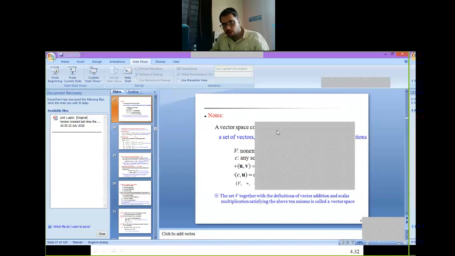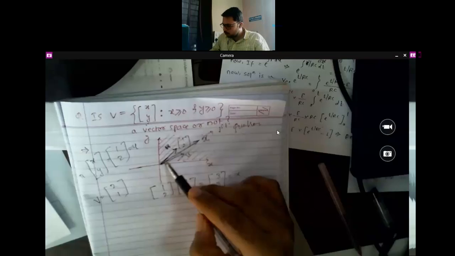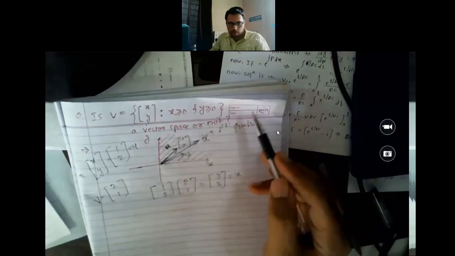What do we have to check? Whether u plus v, the result, is in V also. Is the result in V itself? Can you please tell me whether this is in V? Because we know V is this whole quadrant.